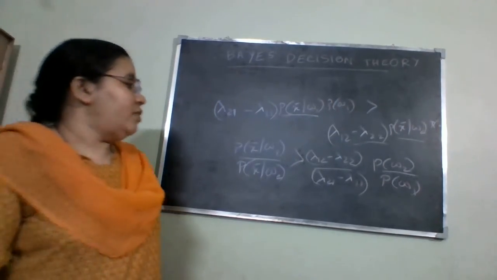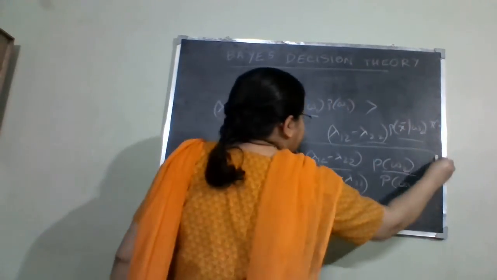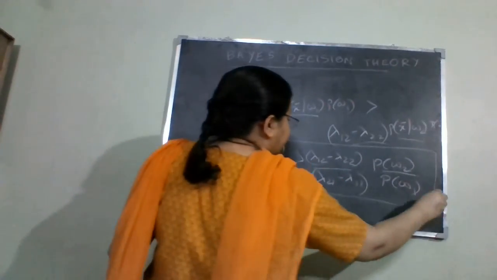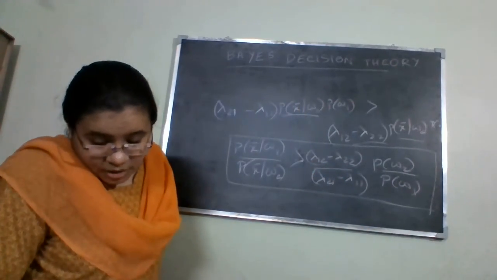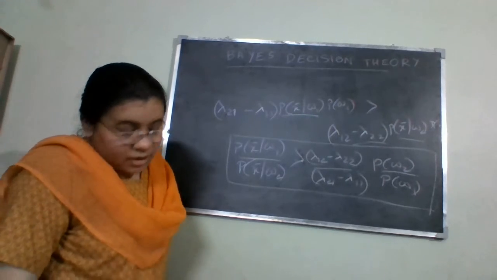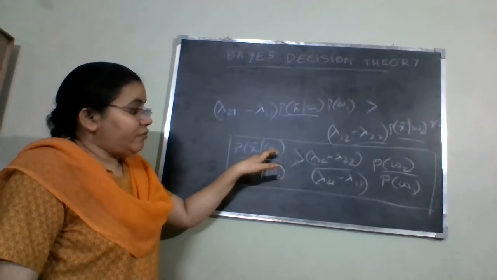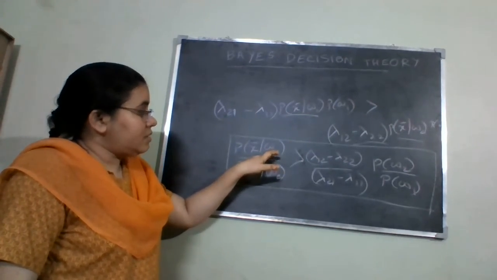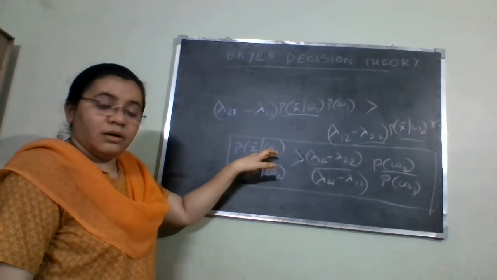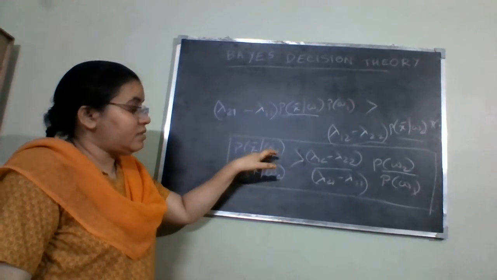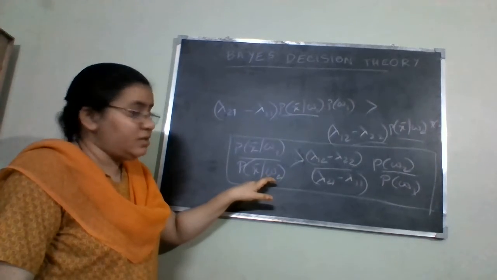Just see the final form of this equation. You are going to take a decision in favor of omega 1 because the loss associated with this term is less compared to the loss associated with this term.